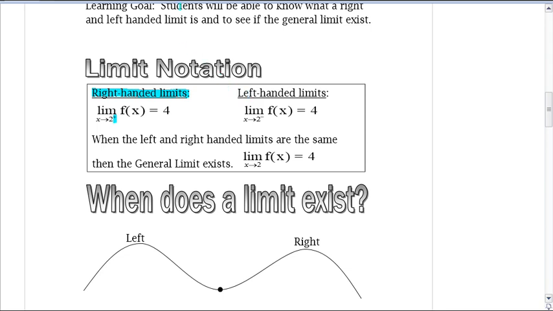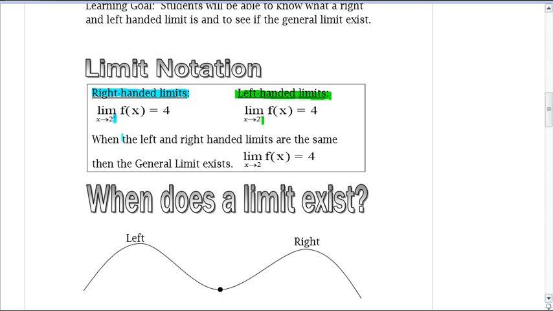On the left, for a left-hand limit, it's the same thing: the limit as x approaches 2, and because it has a little negative there, it's the left-hand side of f of x equal to 4. The way you would read it is the limit as x approaches 2 from the left of f of x. And the right-hand limit is the limit as x approaches 2 from the right of f of x.